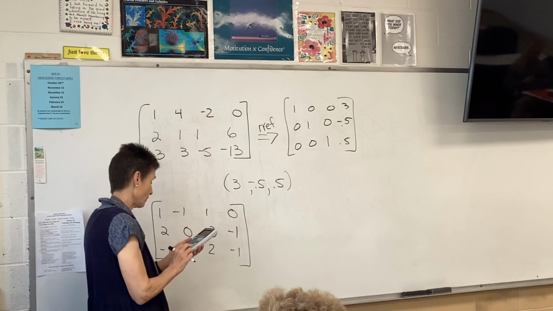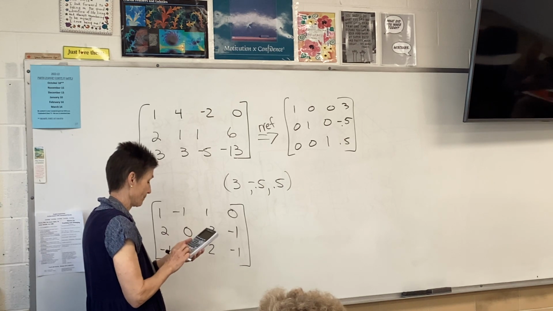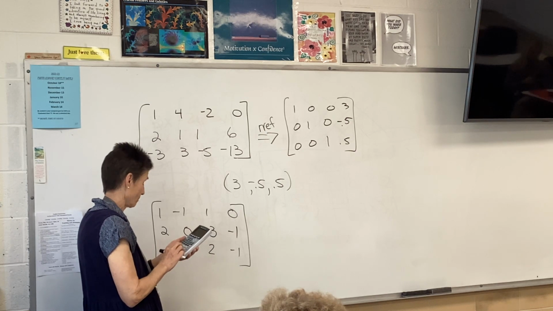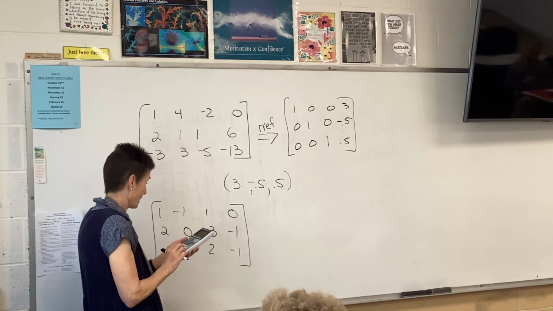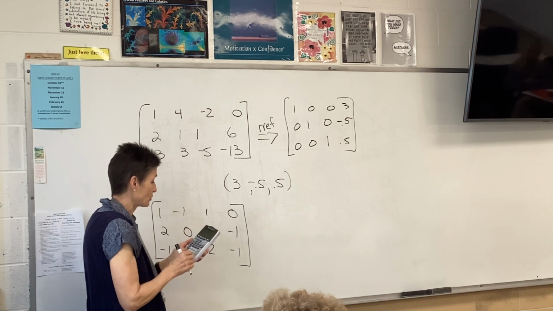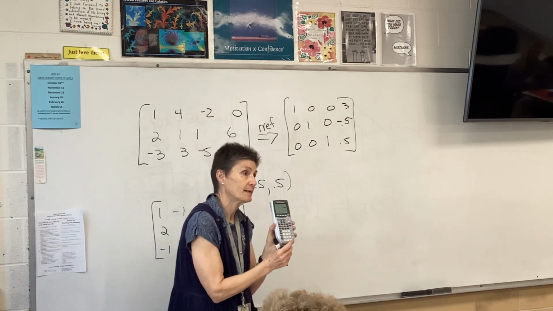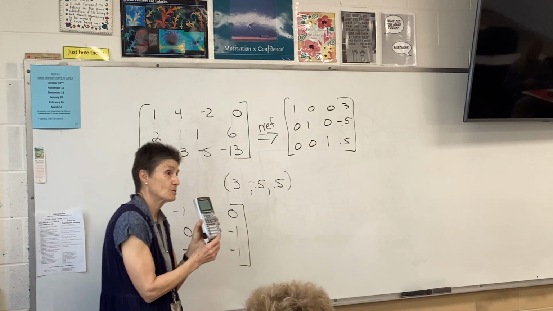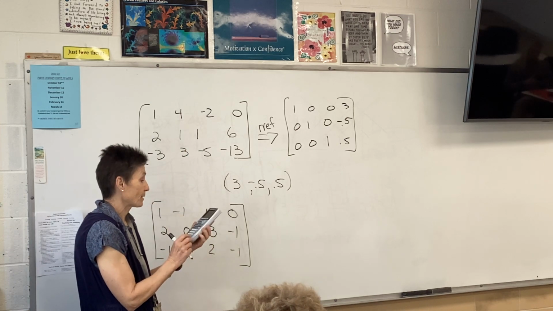So you type the number and hit enter. Sounds goofy, but make sure you're using your negative button down here. The subtraction sign is going to give you an error message. You need this down here.